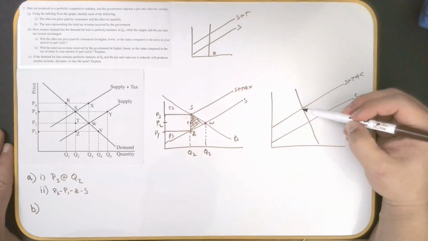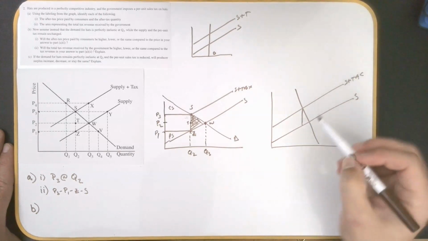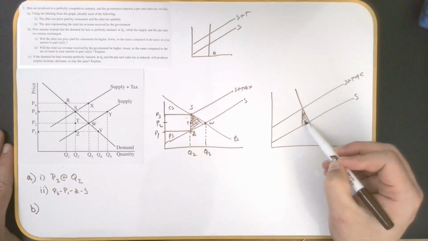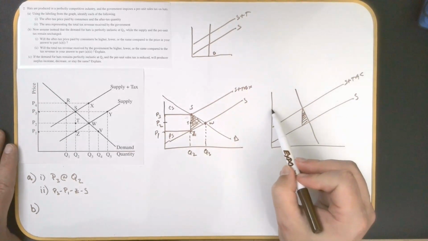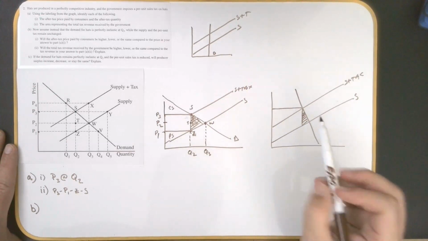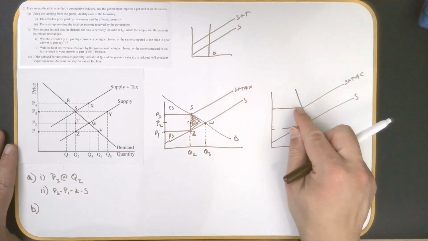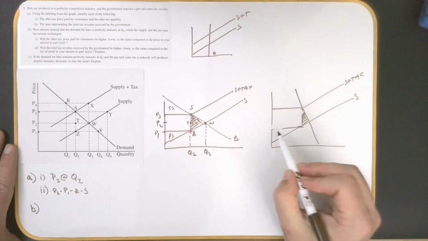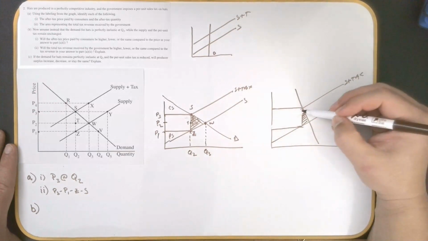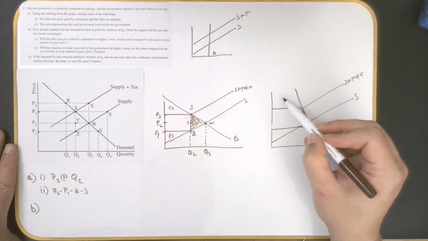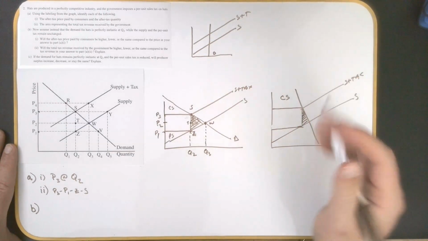If we did that, here would be our deadweight loss, and here would be the top and bottom of our tax revenue. Okay, and I'll get rid of this. And you can see the consumer surplus is really getting big.